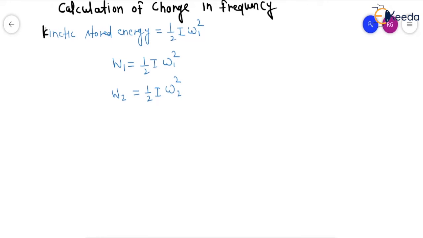So we can write W1 upon W2 is equal to omega 1 square upon omega 2 square.